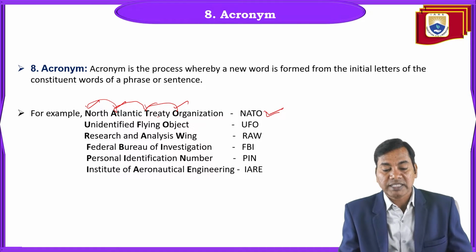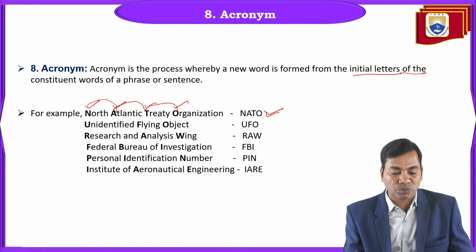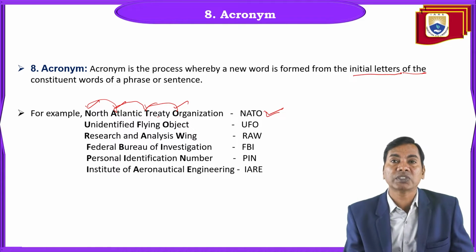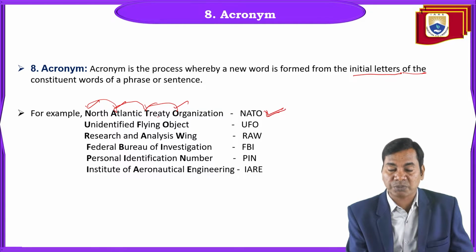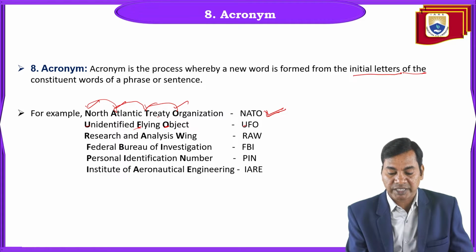So an acronym is the process whereby new words are formed from the initial letters of the constituent words of a phrase or sentence. This is how we form the acronym. How did I form the acronym NATO here? By taking the initial letter of each word in that sentence. Now, Unidentified Flying Object, UFO, right?